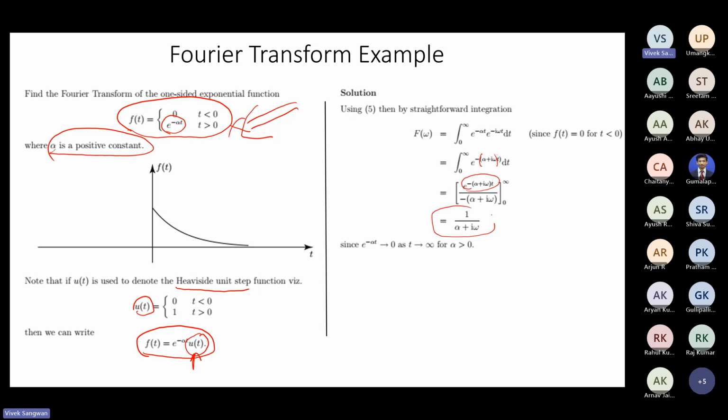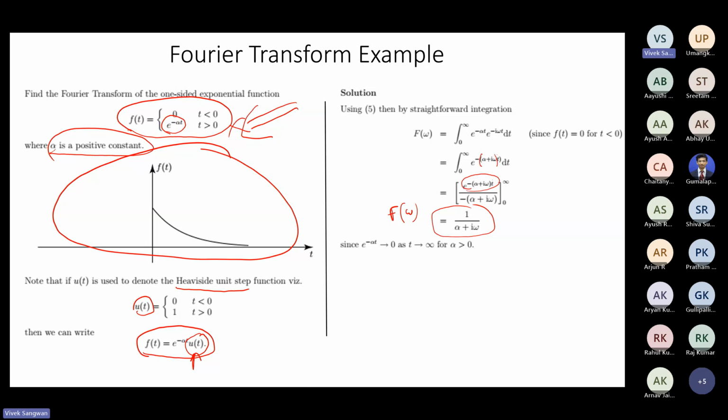So you get 1 over alpha plus i omega. Luckily for us, this particular function has a Fourier transform which exists. This is an aperiodic function that starts at time t equal to 0.